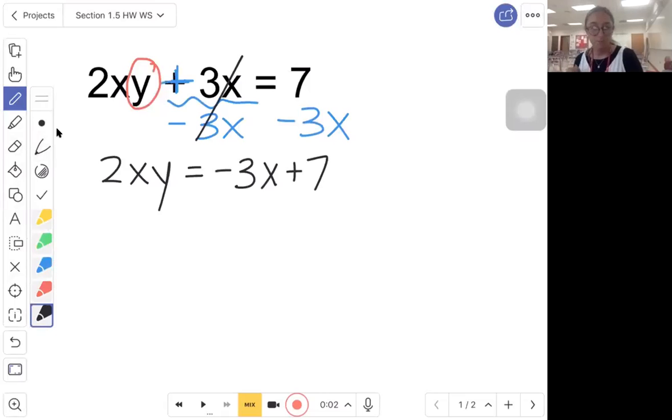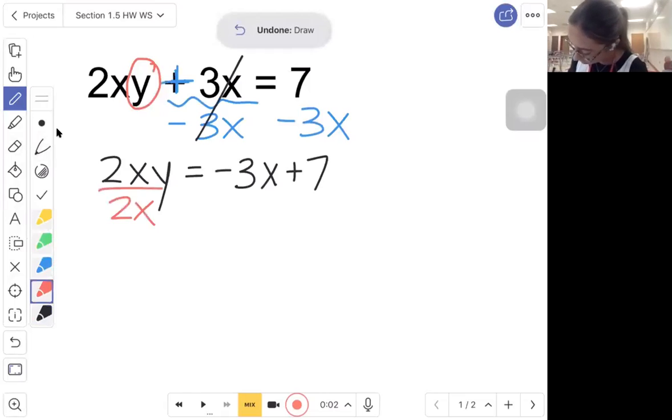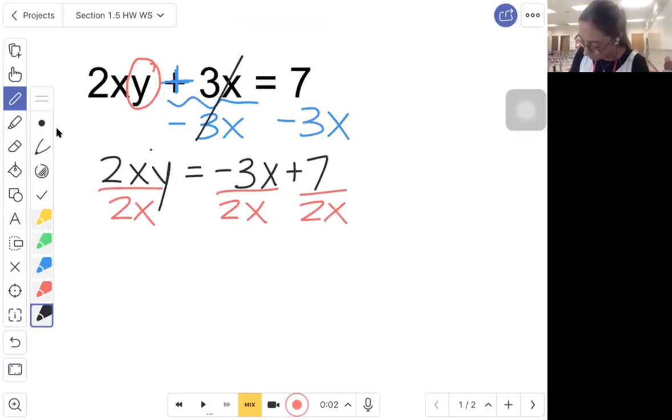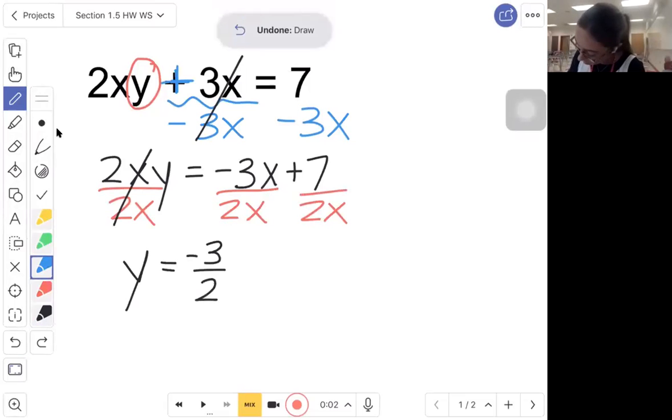So just like the number 8 that I just did, we're going to divide both sides by 2x. And we're going to take every term divided by 2x so that our y can be alone on that left-hand side. And here, the same thing will happen. We'll have a negative 3 over 2 because our x's will cancel.